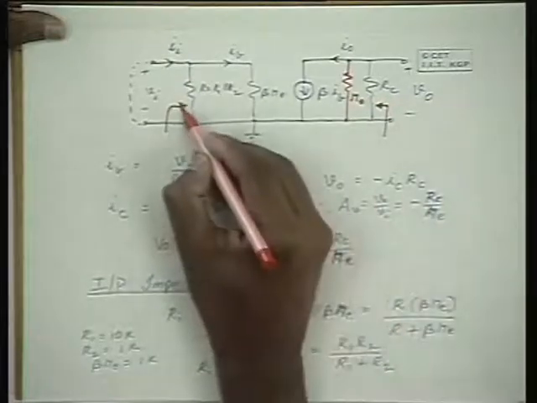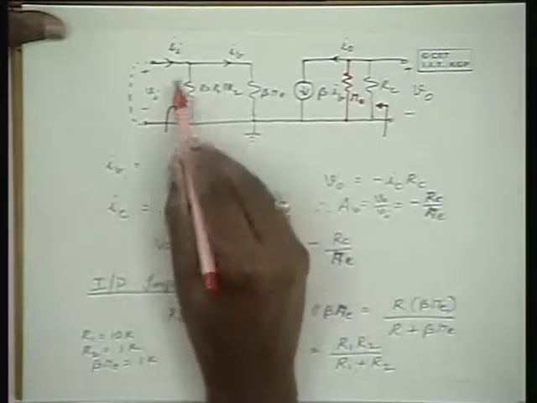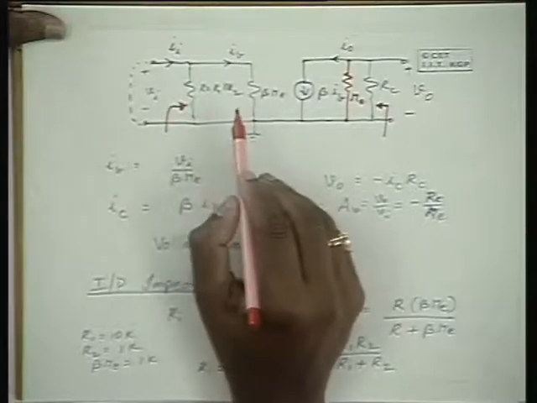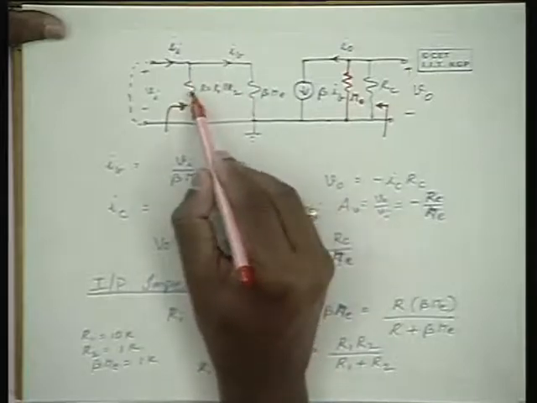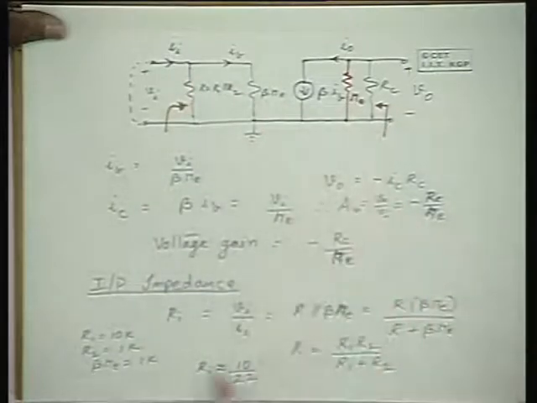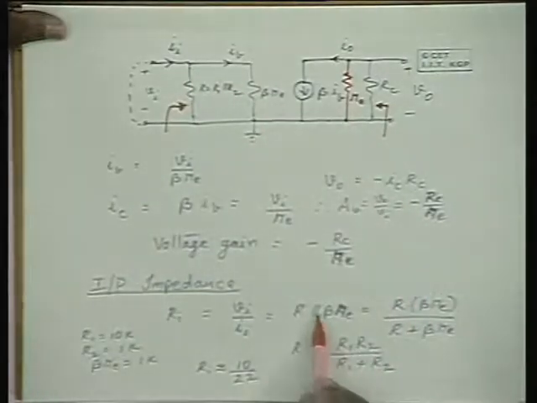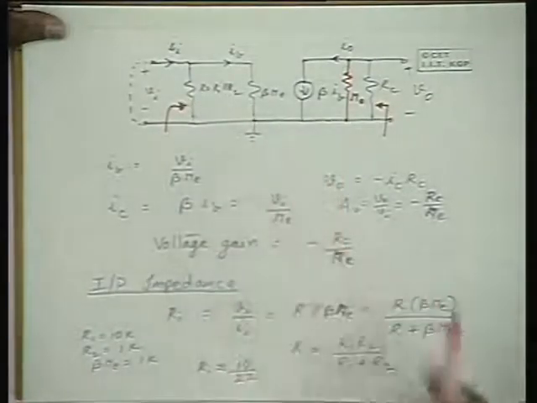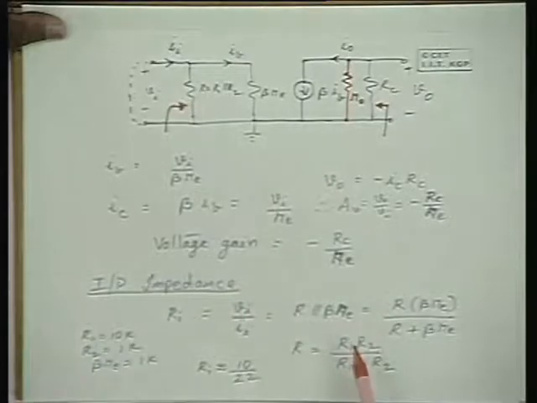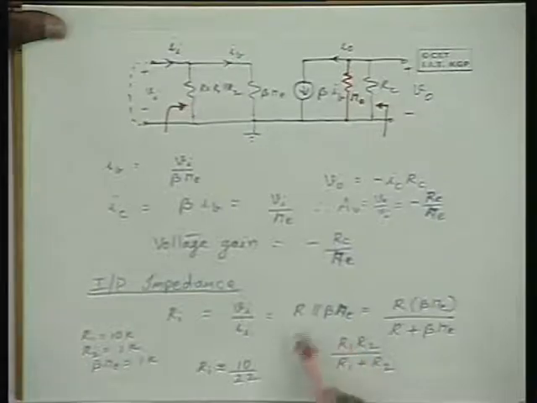By introducing R0, are you expecting any change in Ri here? Ri still remains as the parallel combination of this resistance and this resistance. Therefore, Ri is R in parallel with beta Re, which is of the order of a few hundreds of ohms to 1 kilo ohm.